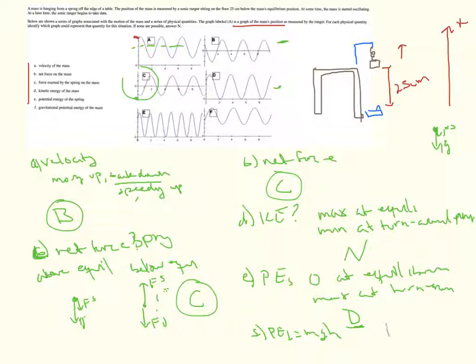So this looks like graph F, right? Because it's going to be getting bigger as it goes up, then it's going to turn around and get less, and turn around and get bigger, and turn around and get less, etc. And that should be pretty well corresponding with graph A, yes.